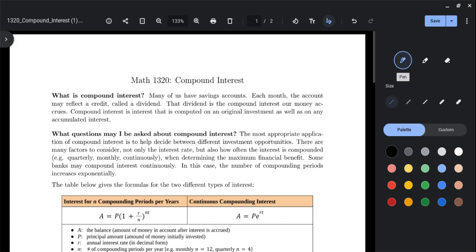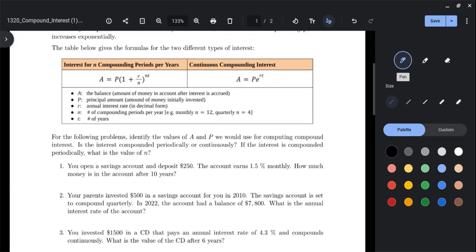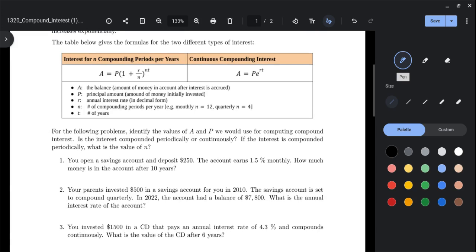When we have continuous compound interest, that is going to require a separate formula from our monthly or quarterly or daily compounded interest. So let's go ahead and look at our formulas. In the table on the left-hand side, it's the formula for calculating interest for n compounding periods per year.